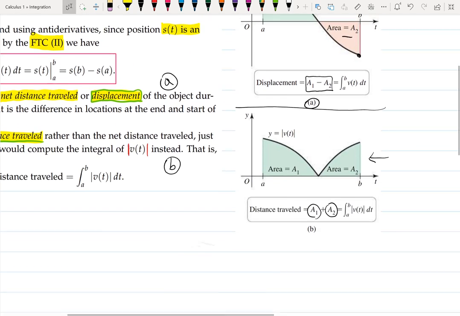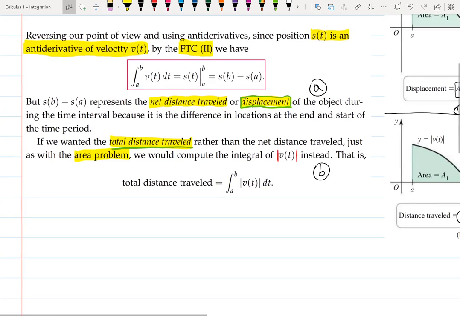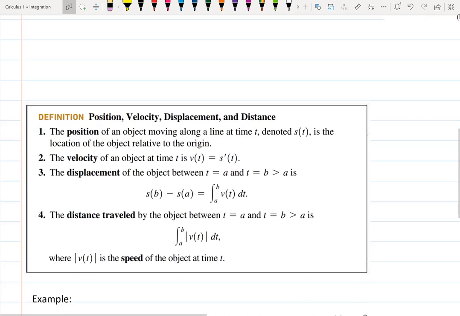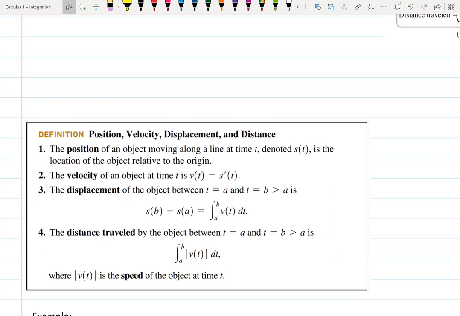And let's show you here on the example. Oh, the little summary before we do the example. Maybe pause the video to read this carefully, but basically we're reviewing again the position of an object moving along a line at time t, which is s of t, the location of the object relative to the origin.